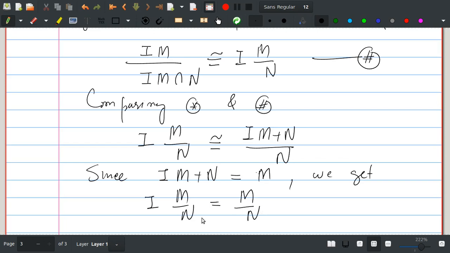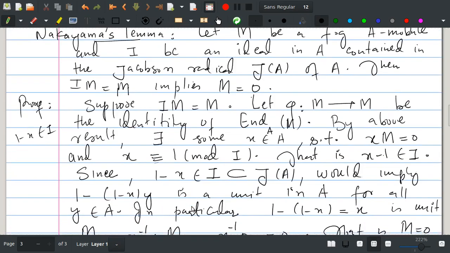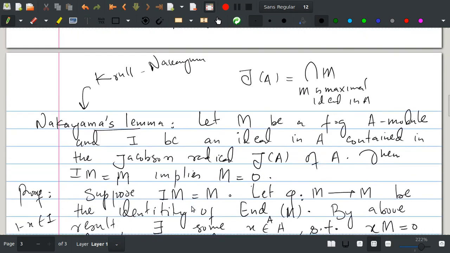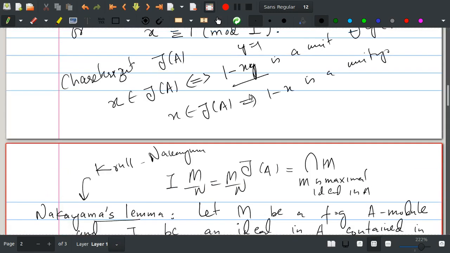In place of M in the Nakayama lemma, we have M mod N here. So for IM equal to M, we have I of M mod N is equal to M mod N.